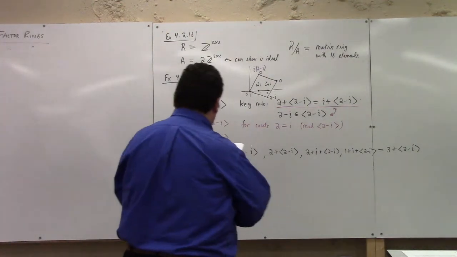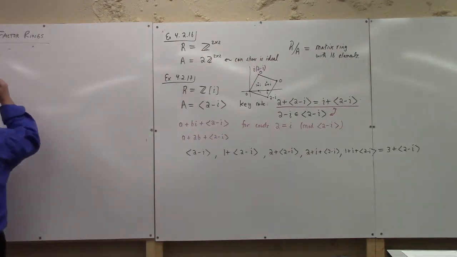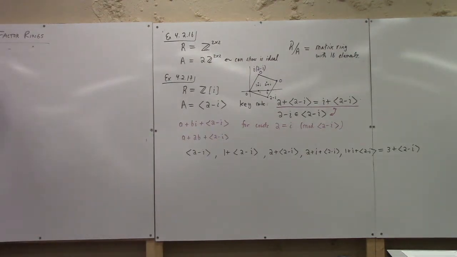So the next example, 4.2.18: here I have the ring of real polynomials, and the ideal is the principal ideal generated by x squared plus 1.